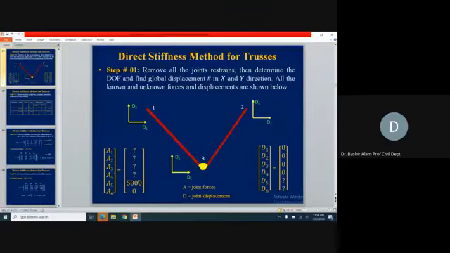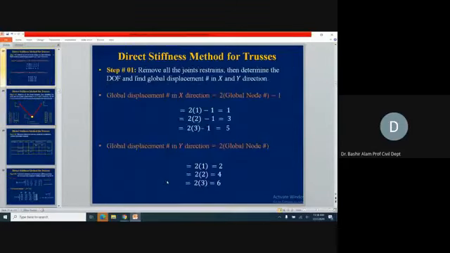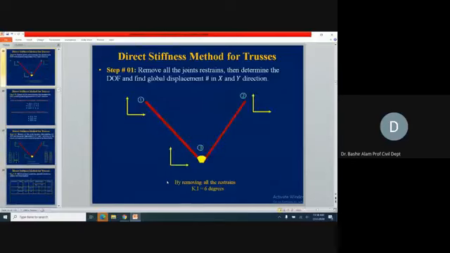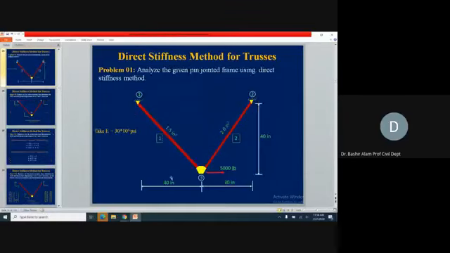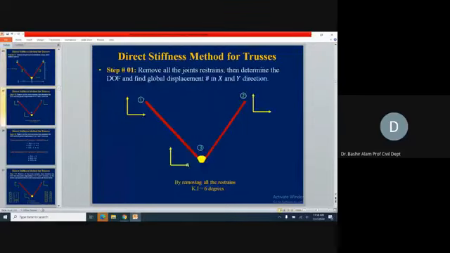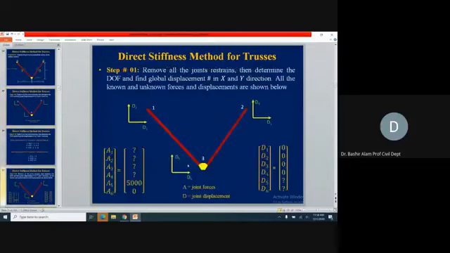This is 5,000 in the same line. For A6, corresponding to this in the vertical direction, we don't have any externally applied load, so we put that equal to 0. So here we see that it is equal to 0.